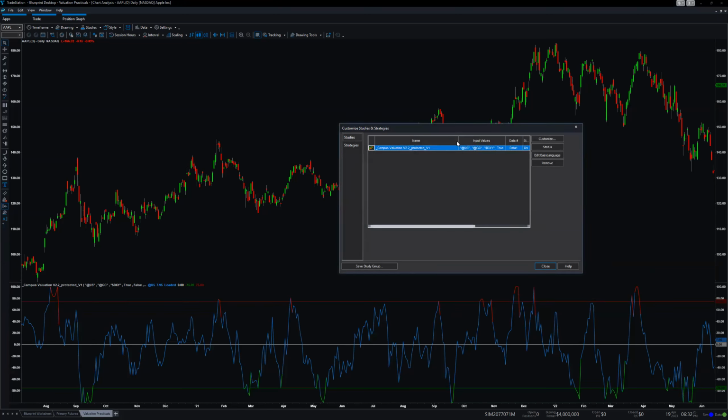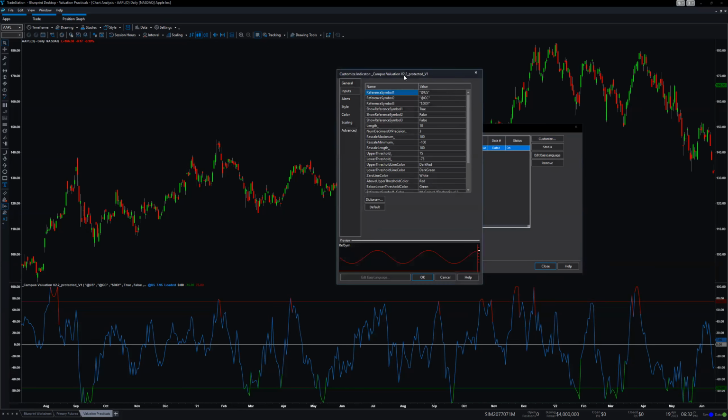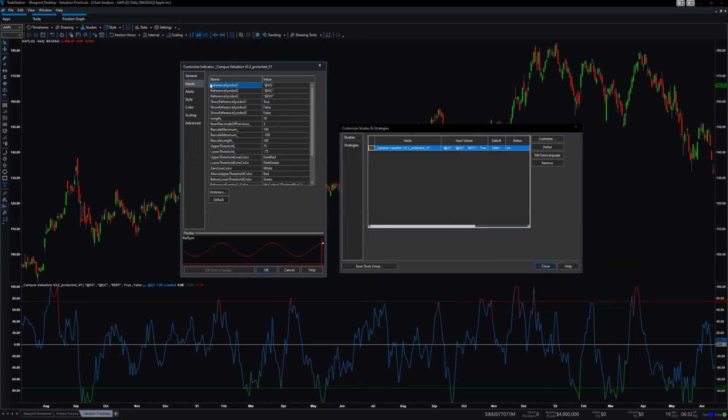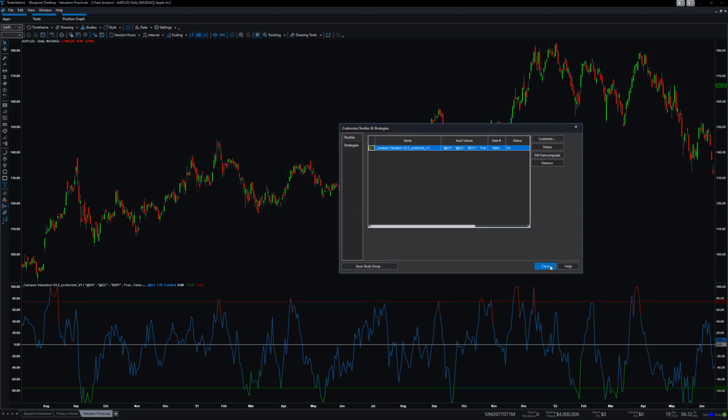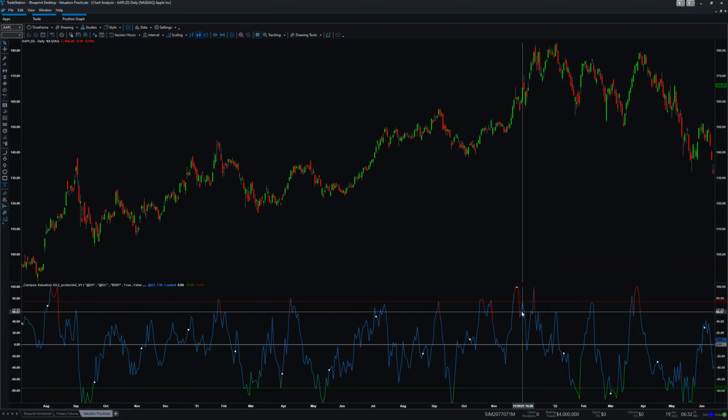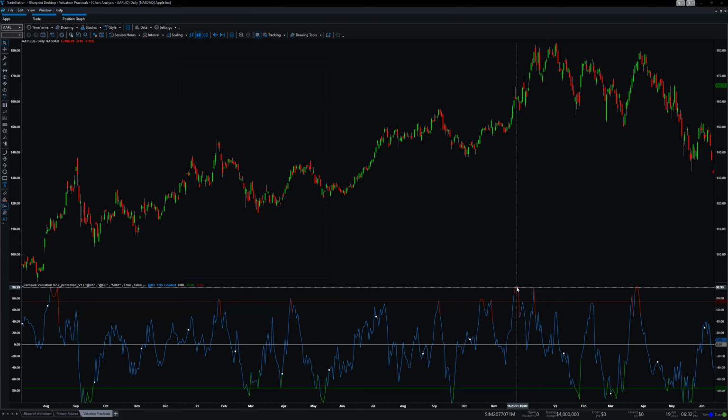Now, if I click on this one and I go to customize, I'll have the inputs customize window, just as I would get if I just were to grab it and double click it.